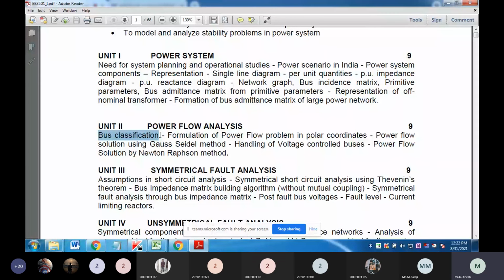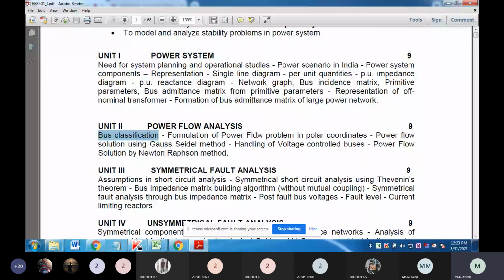The third one is the PV bus. PV bus means the real power as well as voltage is specified. When the real power and voltage are specified, it is your generator bus. Clear? So we have only 3 classifications: slack bus, load bus, and generator bus. That is the bus classification.